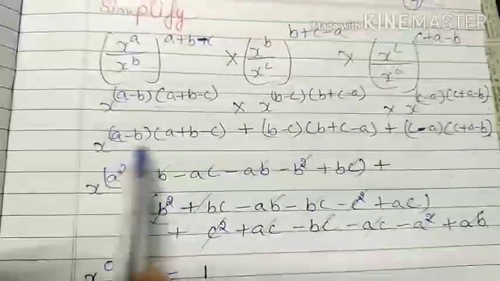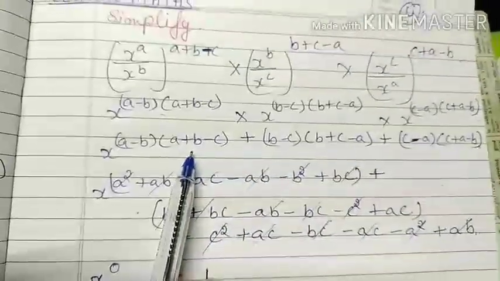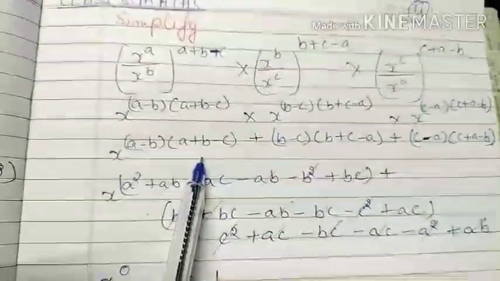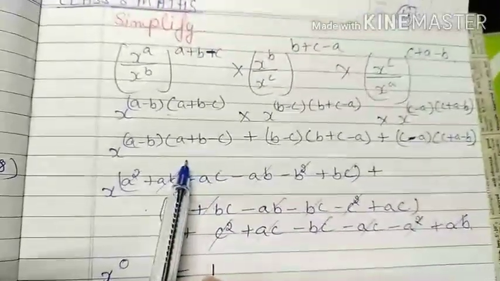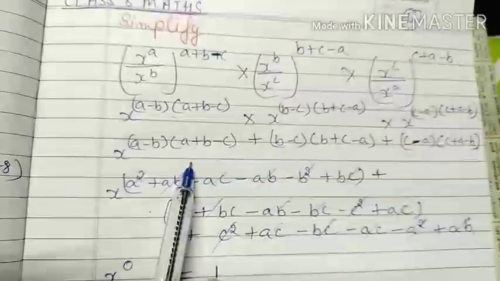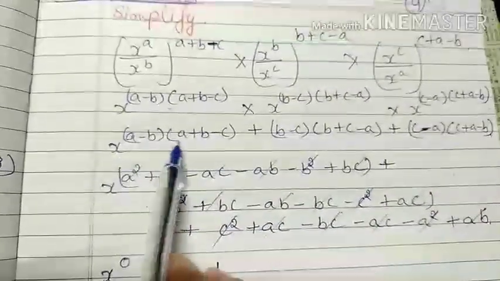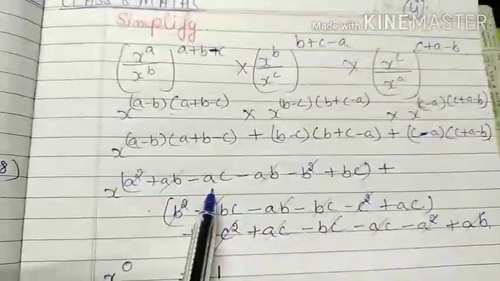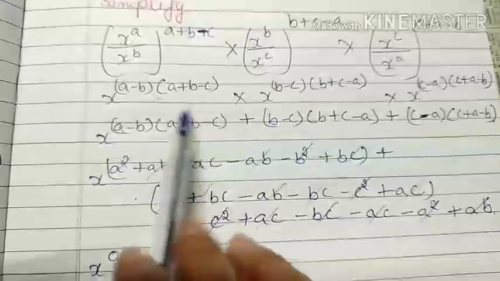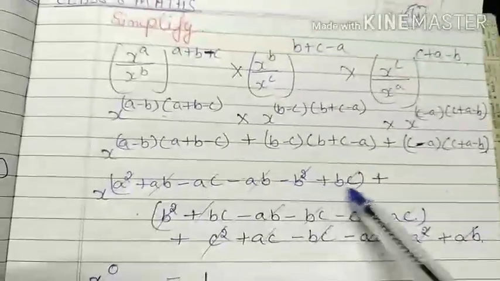Now there are some polynomials in the power. You have to solve as you did in the previous exercise, multiplication of polynomial with polynomial. Here first a is multiplied with all the terms, a plus b plus c, giving a square, ab, minus ac. Then minus b multiplied with the whole polynomial gives minus ab minus b square plus bc.